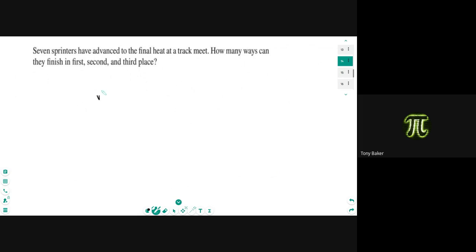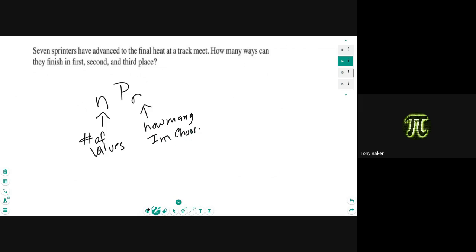So this is nPr. The n is the number of values I have. The r is how many I'm choosing. So in this situation, I have 7P3.